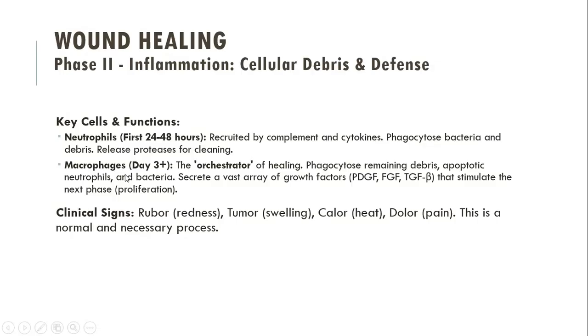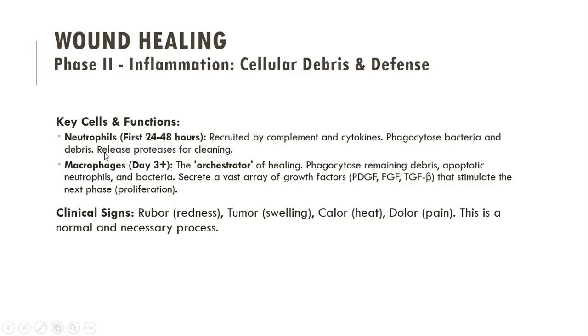Also, they release proteases for cleaning. Macrophages come after day three, and they are the orchestrators of healing. They phagocytose the remaining debris, apoptotic neutrophils, and bacteria, and they secrete a vast array of growth factors like PDGF, FGF, and TGF beta that stimulate the next phase, that is proliferation.